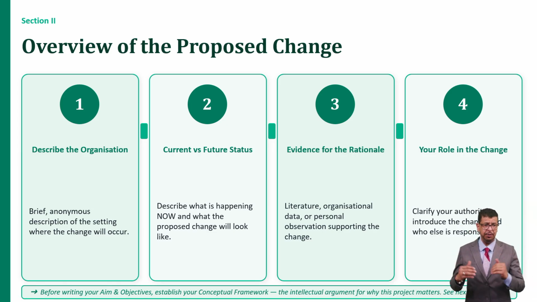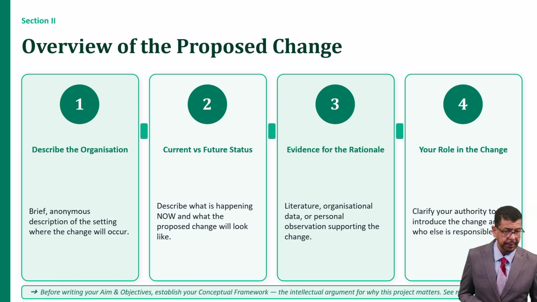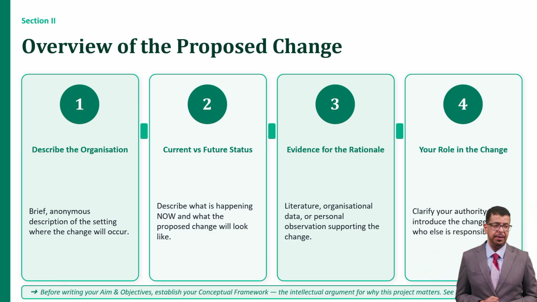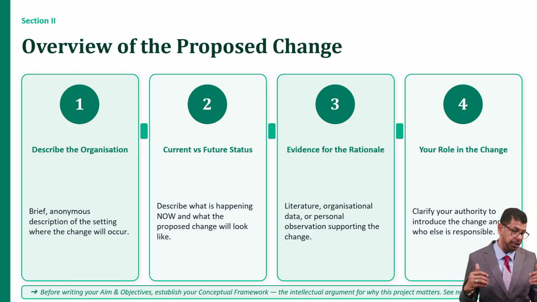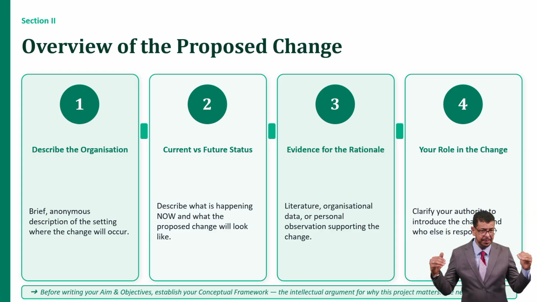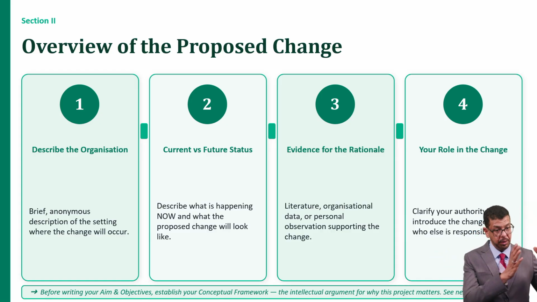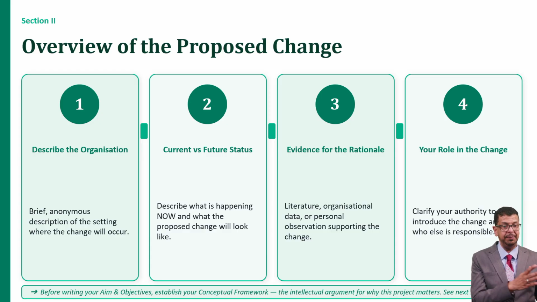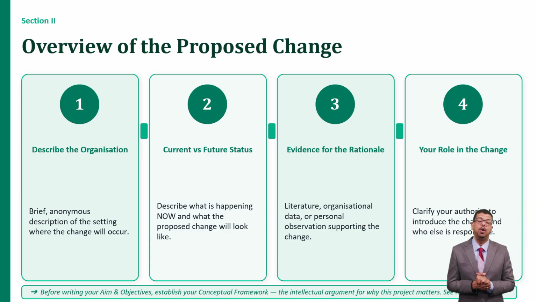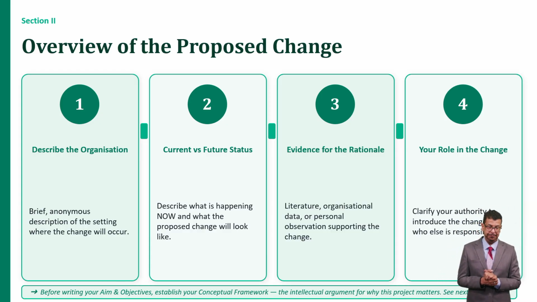The second section of the proposal will be describing the organizational change, describing the current and future status, evidence for rationale, and your role in change. And these items are under overview of the proposed change. So the title is the first section, and then the second section will be overview of the proposed change.